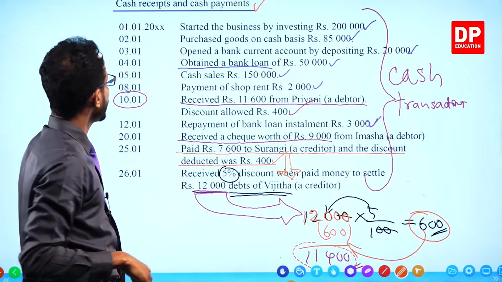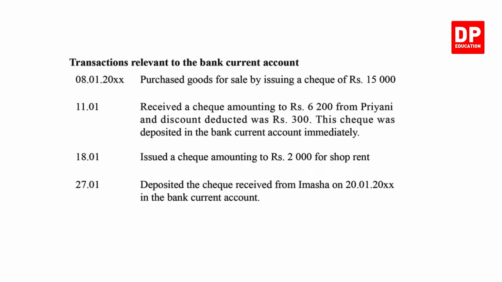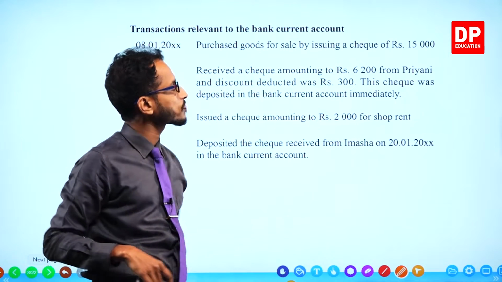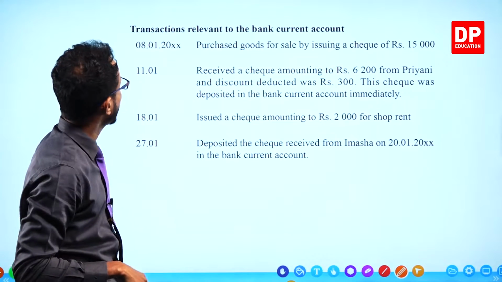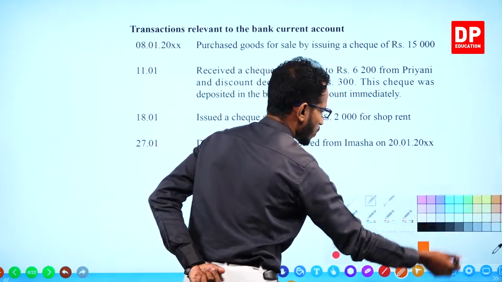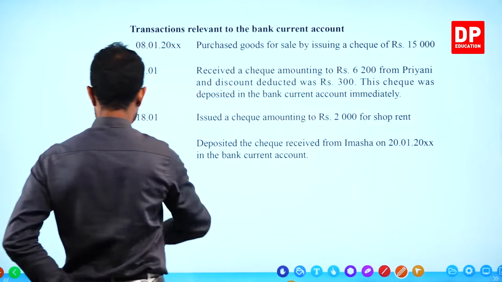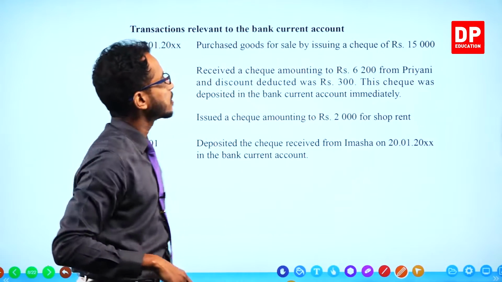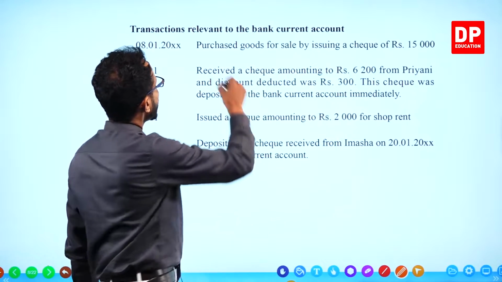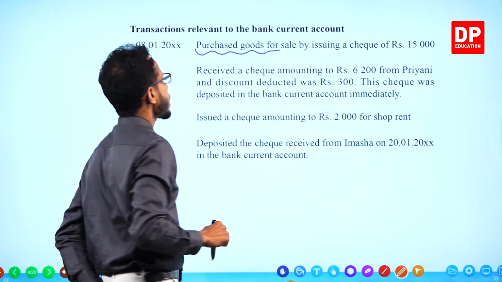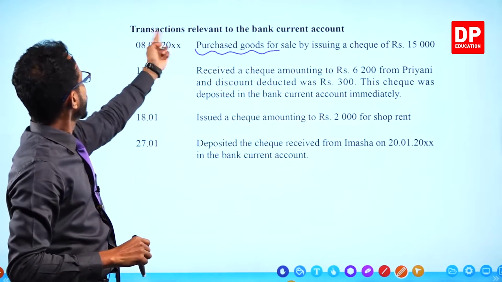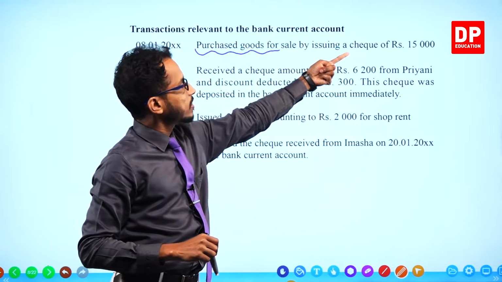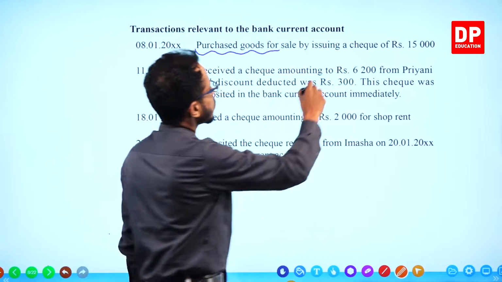Moving on, what do we have next? We have transactions relevant to the bank current account. Now the bank account transactions, okay? First one, purchase goods for sale by issuing a check of 15,000. Purchased goods, it's a purchase. But how did we pay?